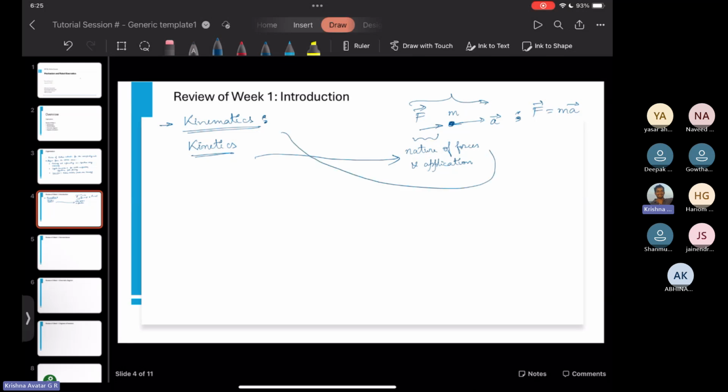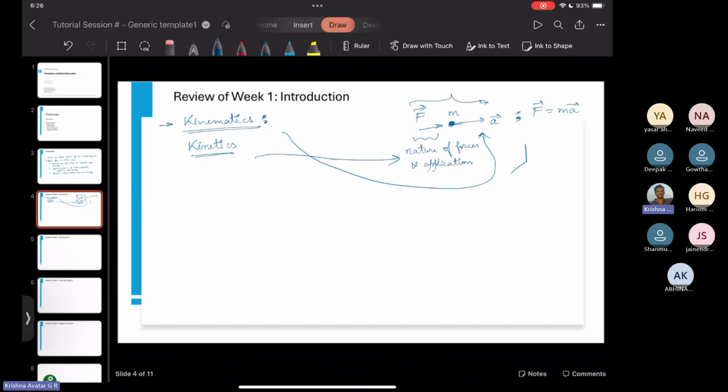Kinematics only deals with what will happen to a body, just how it's displacing. We don't want to know about the cause, or how the force is applied. We say that we have the force, so how will the body move, and which trajectory will it take?